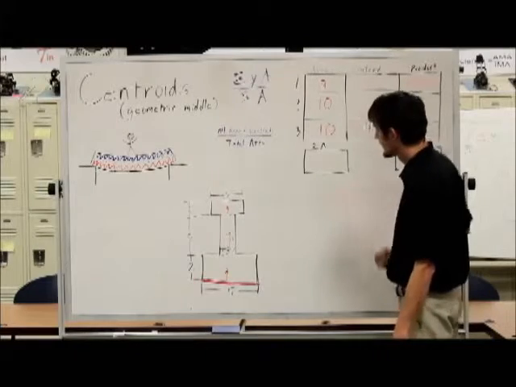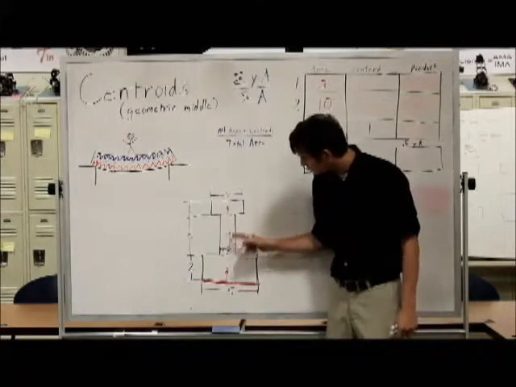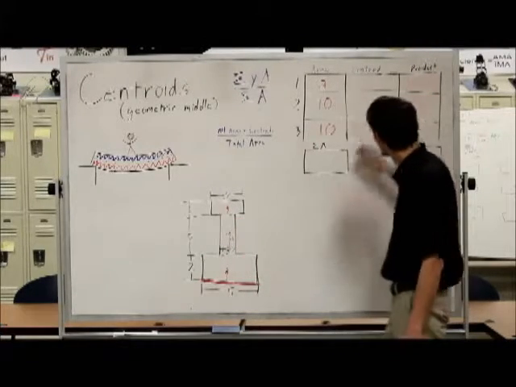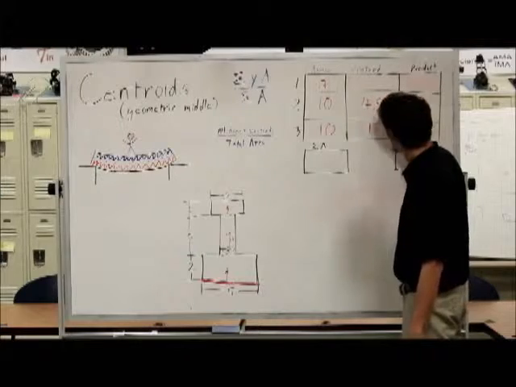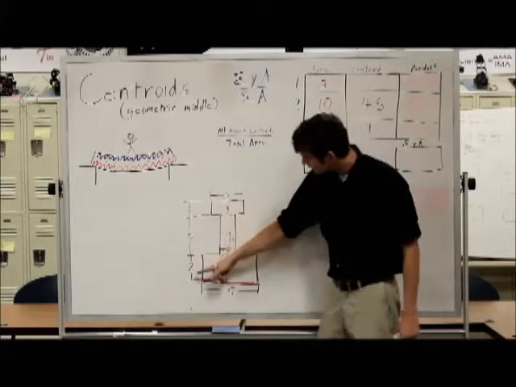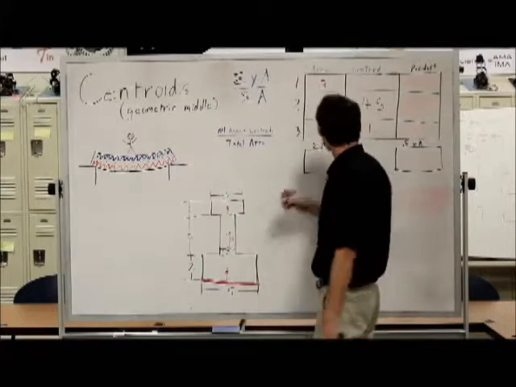That's 1. Here, I'm going up 2.5 plus 2, so that's 4.5 up to that point. And the last one, my itty bitty block, is 2 plus 5 plus 0.5, so that ends up being 7.5 right there.